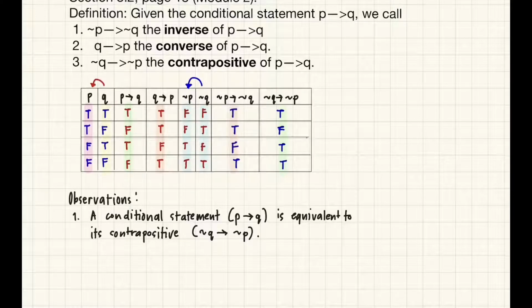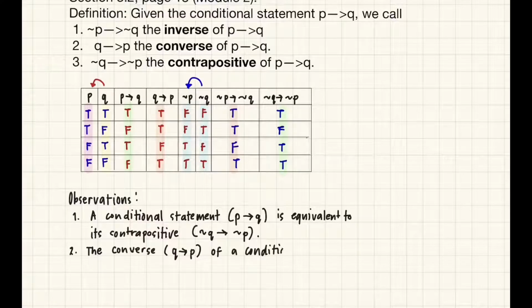In your observation, look at the orange columns. We see that the inverse and the converse have exactly the same truth values. So therefore, they are logically equivalent, meaning the converse is not equivalent to the conditional statement.